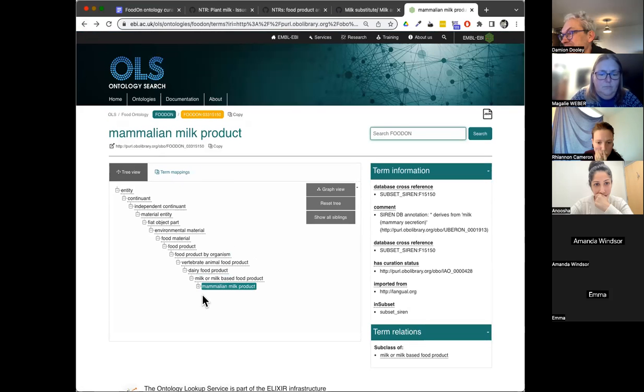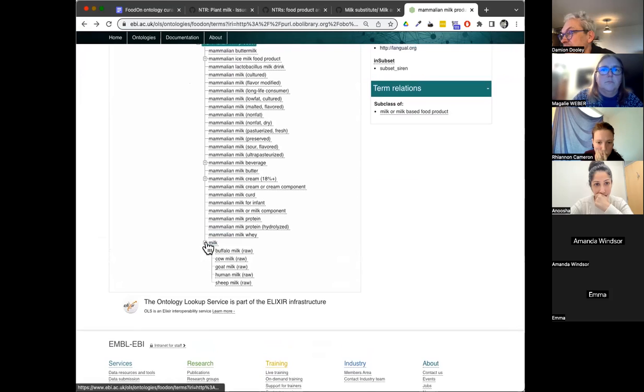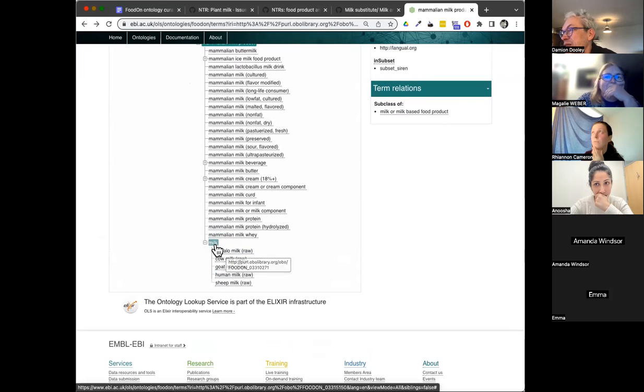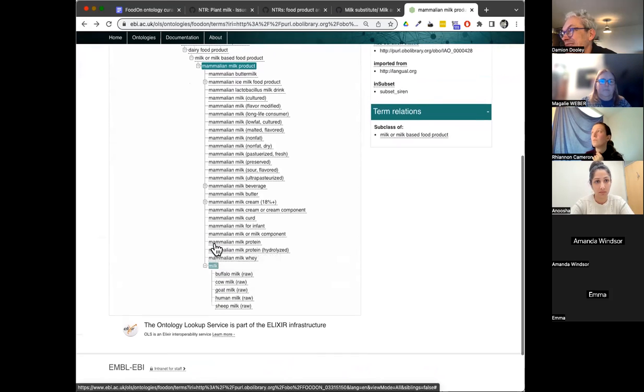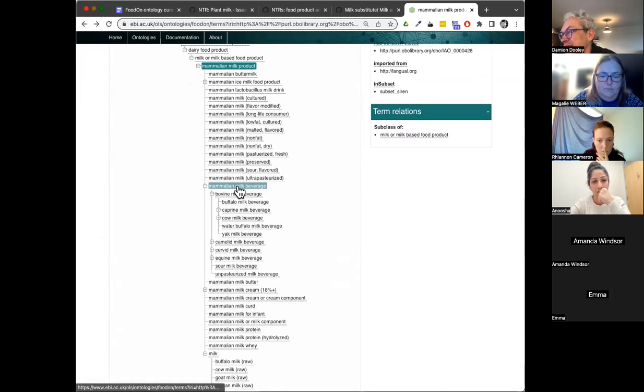And yet we already have milk. And it's all raw here. So people have the mammalian milk. This is the mammalian milk subclass of the liquid. And then we've got this beveragey thing over here, which is really kind of a duplicate if we're restricting this to be just milk.